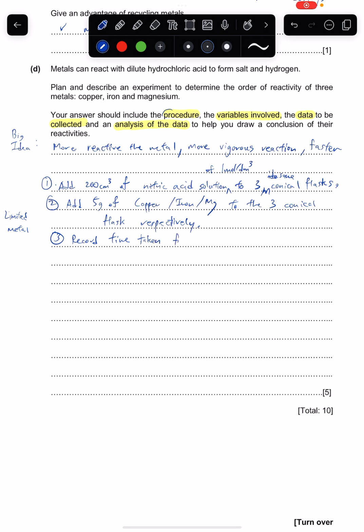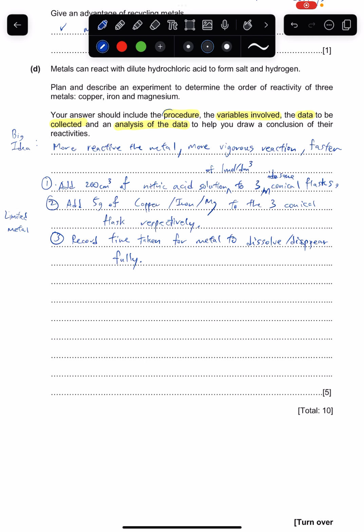Time taken for the metal to dissolve or disappear completely. Because if you don't say completely, then if it's starting to disappear, you can stop. No, you need to be consistent. Record time taken for the metal to disappear or dissolve fully, because no more metal means the reaction has finished, isn't it? Because it's acid and metal. No metal, no reaction. Finished.